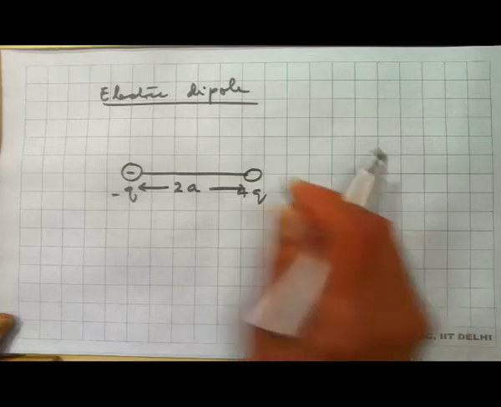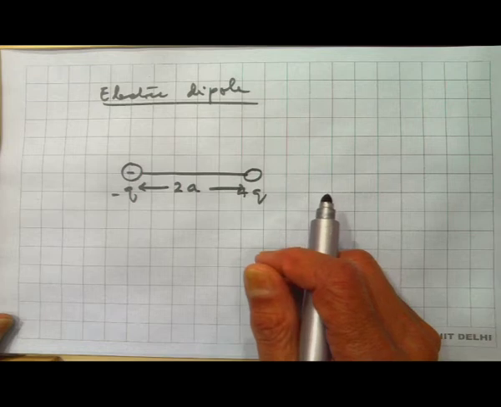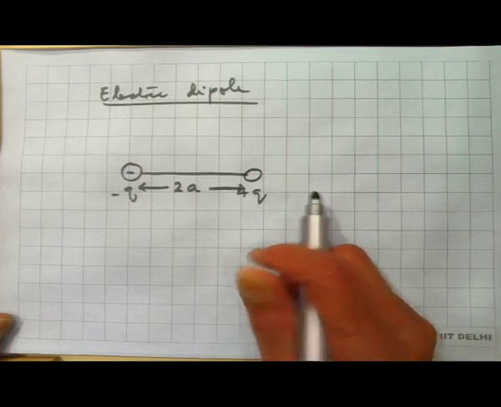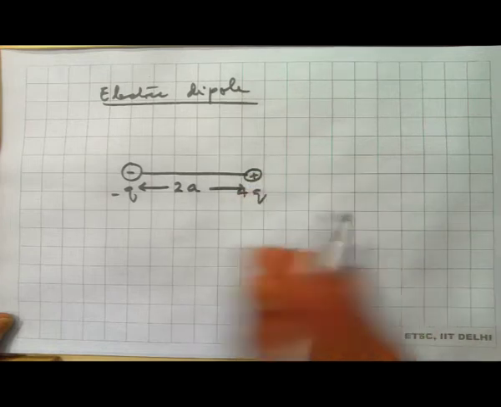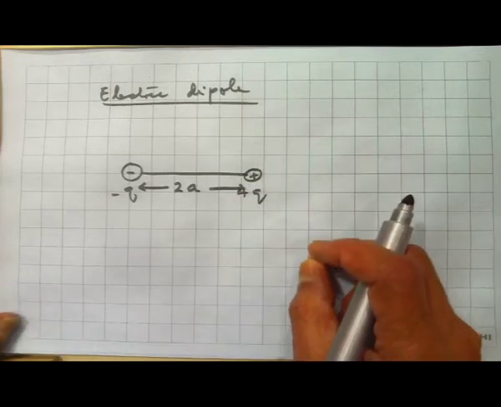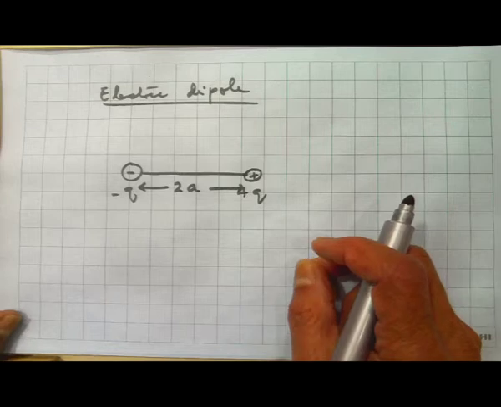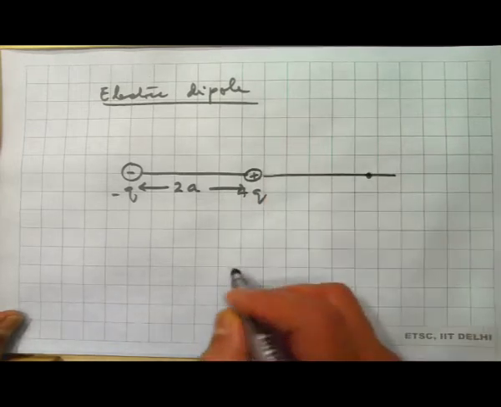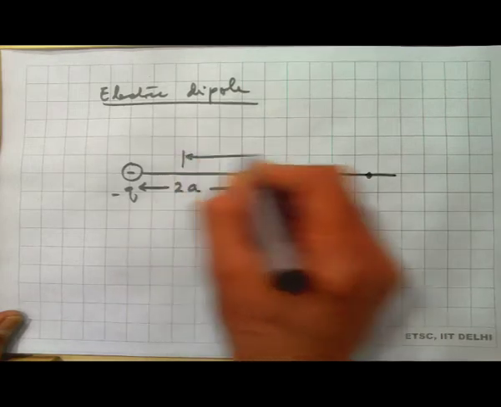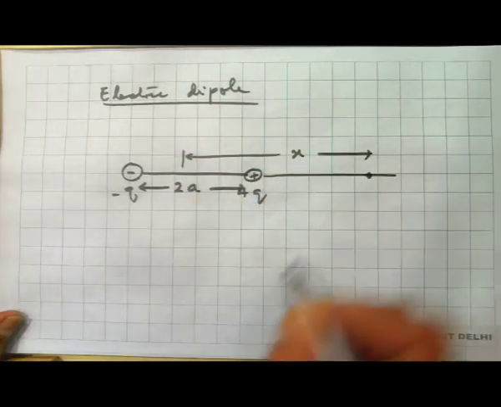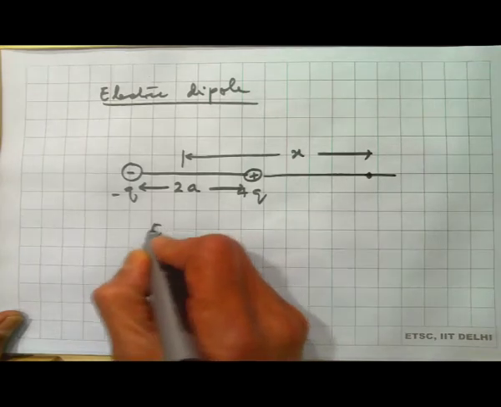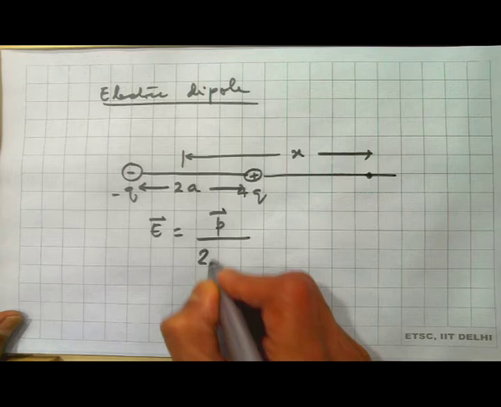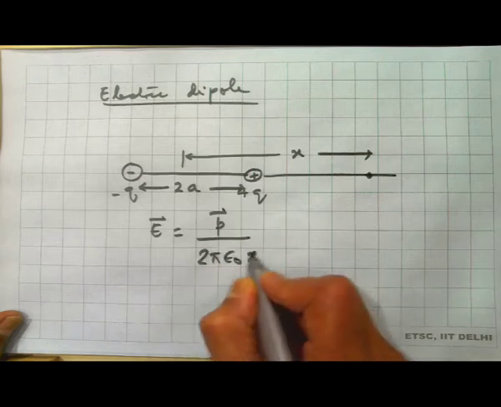Note that the total charge of this system is 0, but as we saw last time, in spite of this fact, it still produces an electric field, because the two charges plus and minus are displaced with respect to each other. In the last class, we calculated the electric field at a certain distance x from the center of the dipole, and we showed that E is equal to P by 2 pi epsilon 0 x cube.